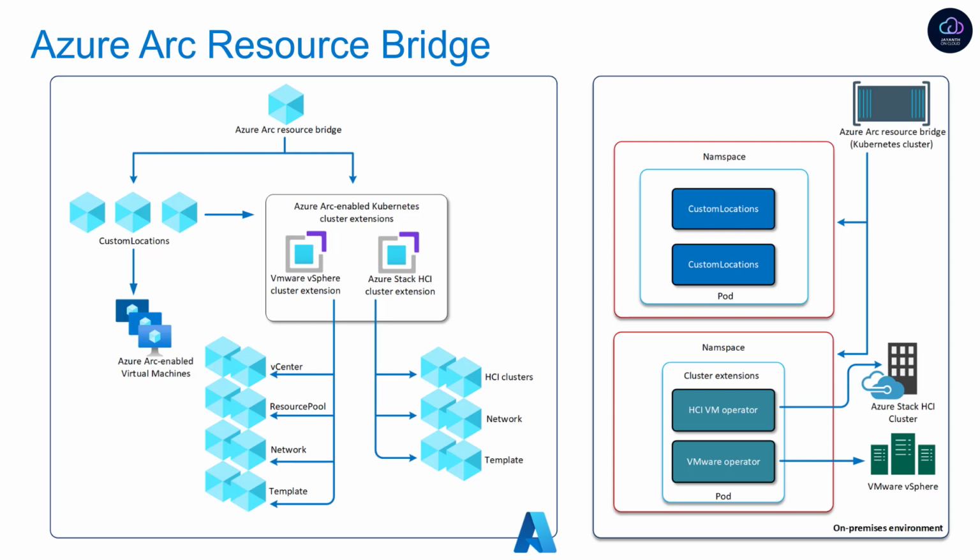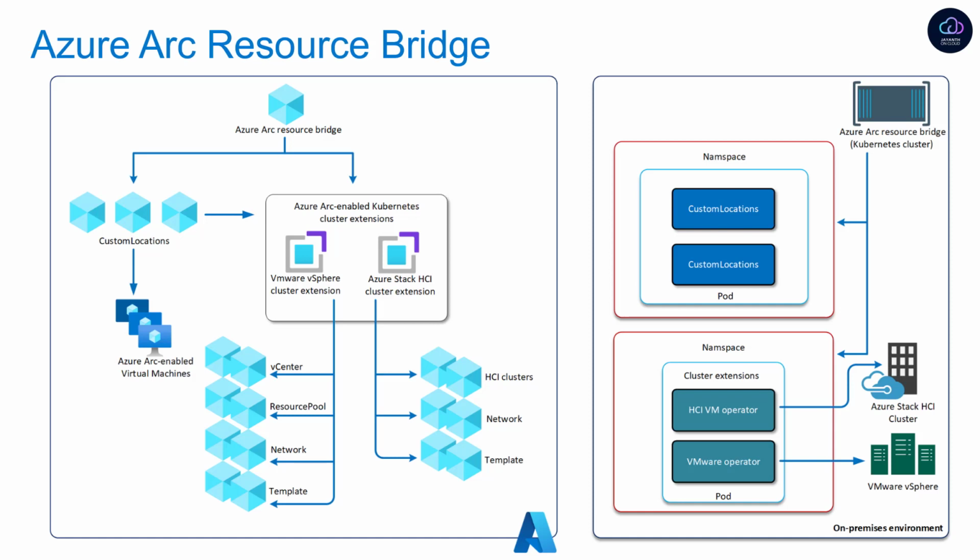For this release, which is for the preview, it supports basically two services, which are Azure Arc enabled VMware and Azure Arc enabled Azure Stack HCI. Okay, so like we discussed in the beginning, this is only supported for now for VMware and Azure Stack HCI.